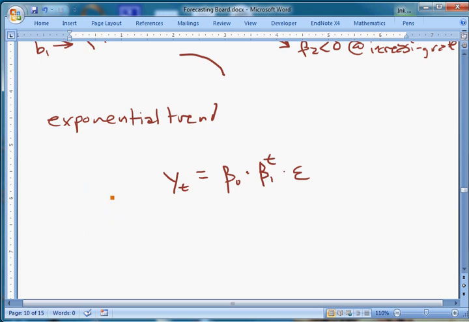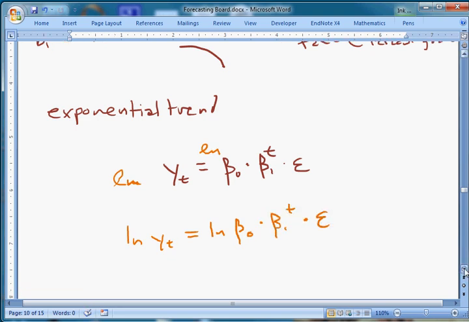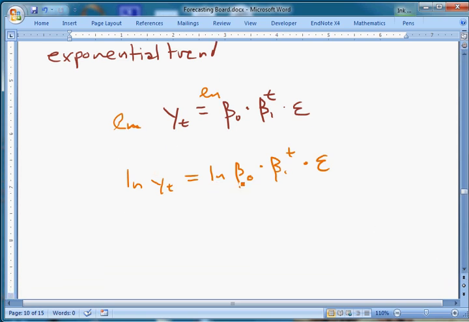So we take the log of both sides. Log, it's ln. You get log of y sub t equals log of beta 0 times beta 1 to the t power times epsilon. It turns out that based on what you can do with logs, if you have a log of a product, so the log of x times y is log x plus log y.